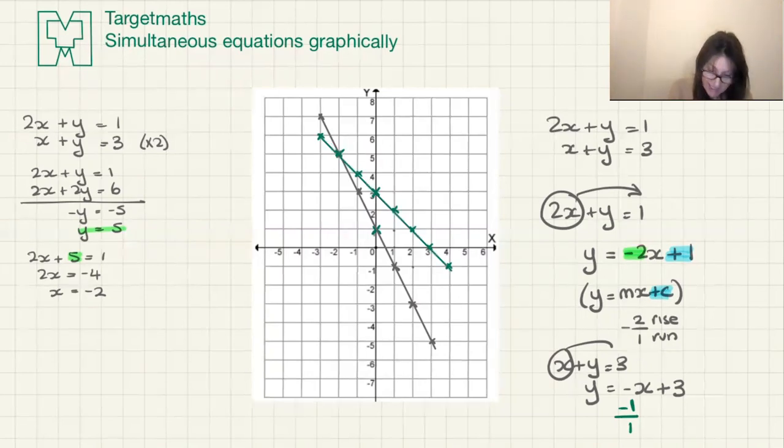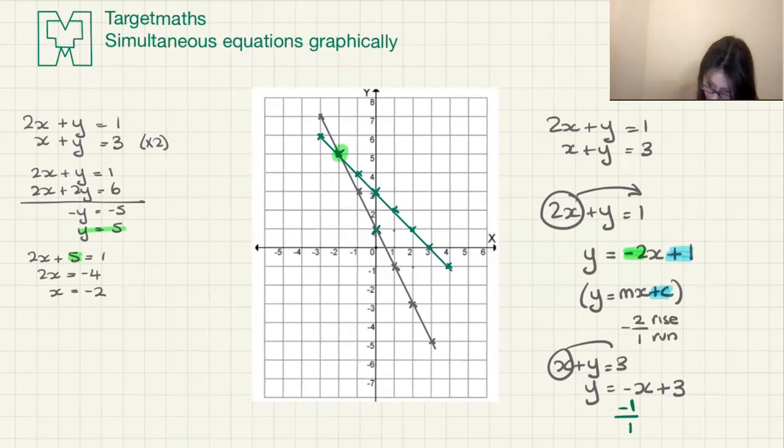But you can see that the two graphs cross. The two straight lines are crossing each other at this point here. So let's get a highlighter and really show that. So what is the coordinate of where they cross?